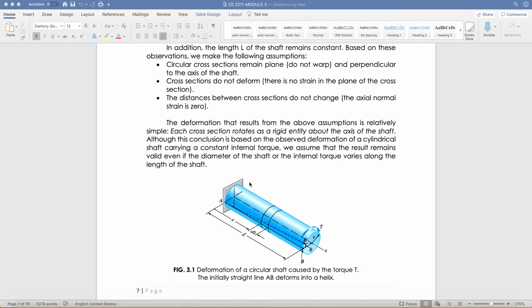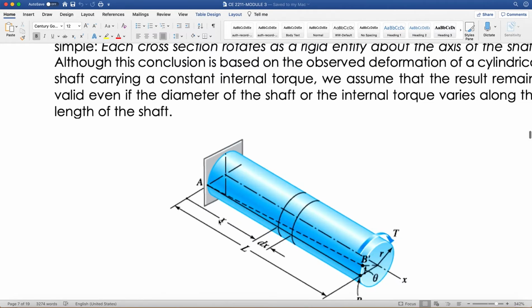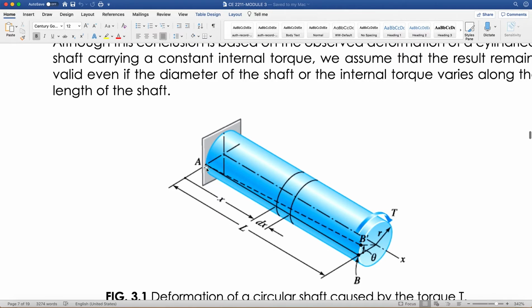If this is your shaft, supported at one end, this is a fixed end, and this is a free end. If I rotate this shaft in this direction, on the supported end there is no deflection, compared to the free end where we have a deflection of angle theta. We have here the distance x from the point of origin, and the rotation is what we call the torque.